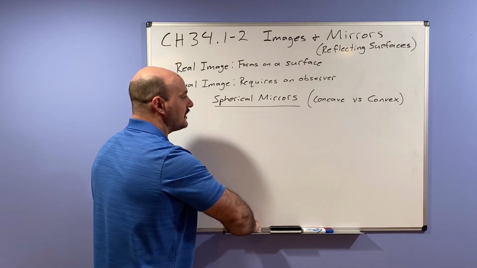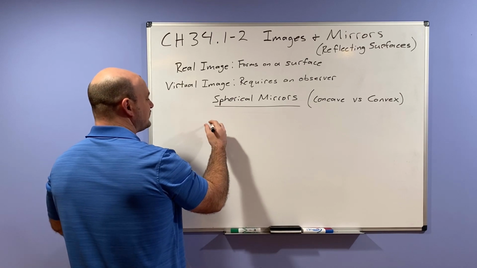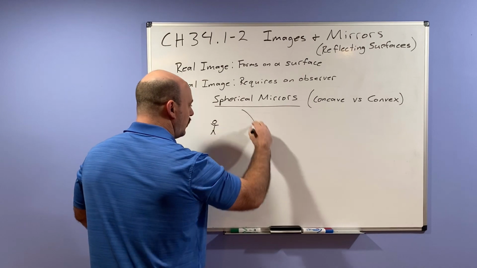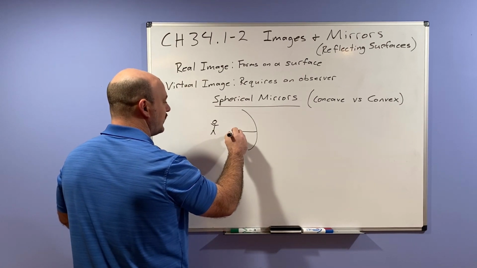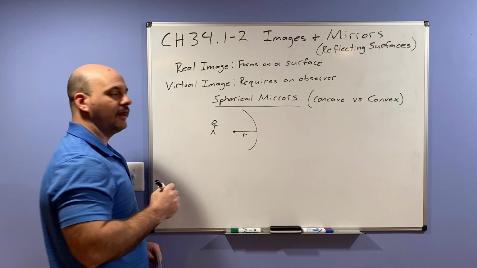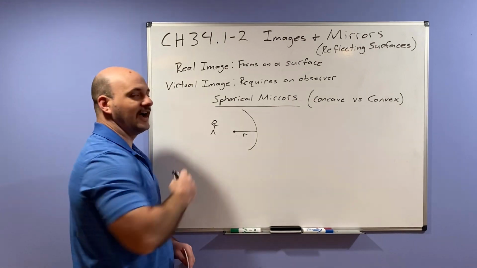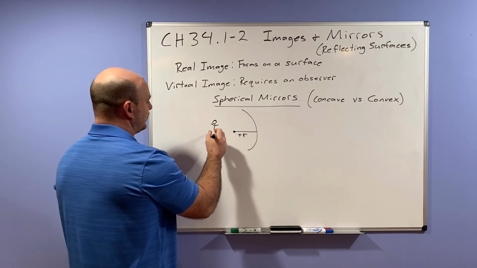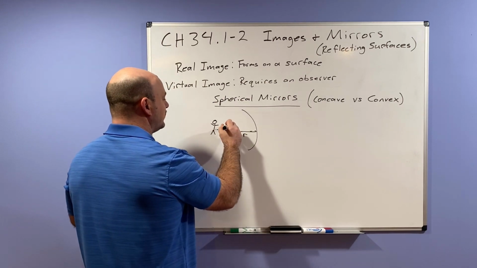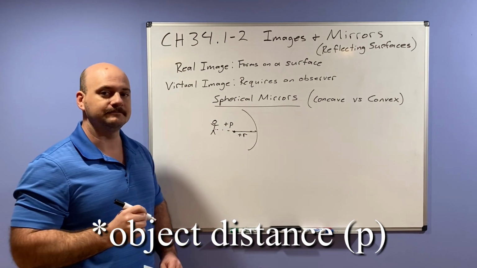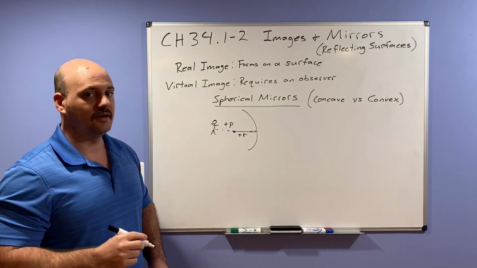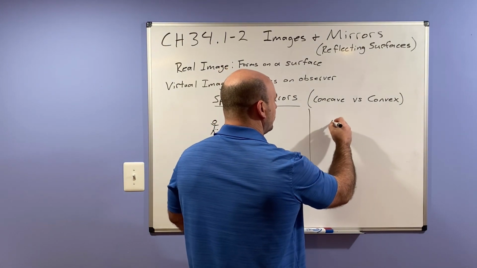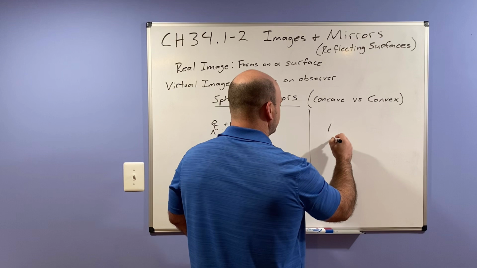So a concave mirror has a radius of curvature that is towards the object. Here's our radius of curvature, R, and it's towards the object. This will be a positive radius of curvature, again associated with a positive object distance, p. Now, a convex mirror has a radius of curvature that is away from the object. Here's our object.